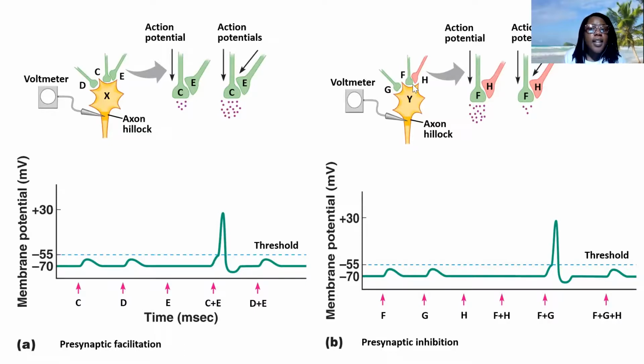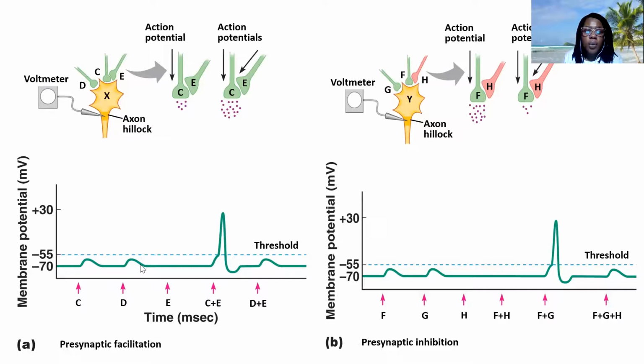And so we can see here in this example, we've got synapse D, synapse C, and synapse C is being modulated by neuron E. So neuron E is going to increase how much neurotransmitter neuron C releases. And if we look at the graph here, neuron C on its own is a small graded potential, not enough to get to threshold.